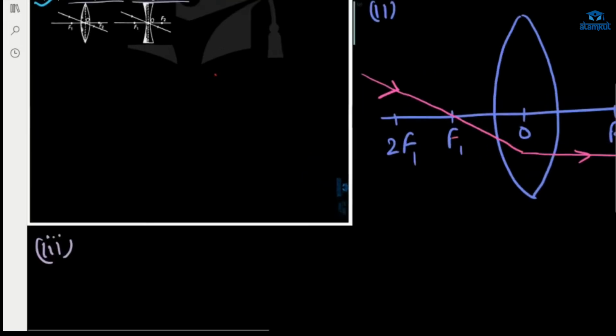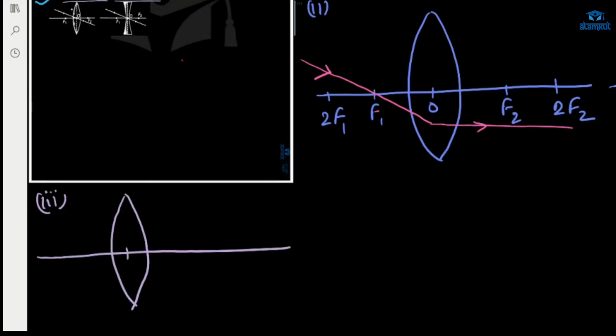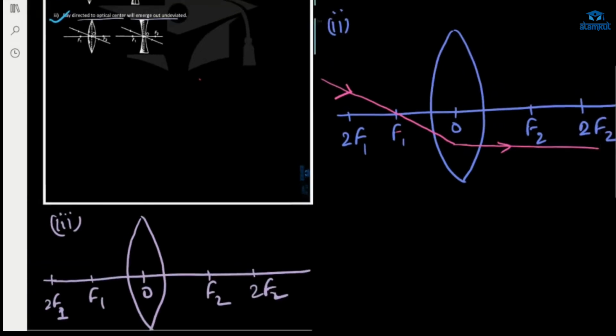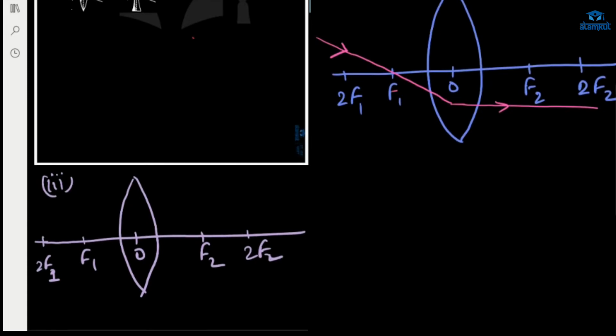Now here this ray is different. This is your optical center, this is your f1, this is your f2. Either you show 2f2 or 2f1, it will be same, because here we have no work with this 2f part. So the ray that is directed towards the optical center will emerge out undeviated.